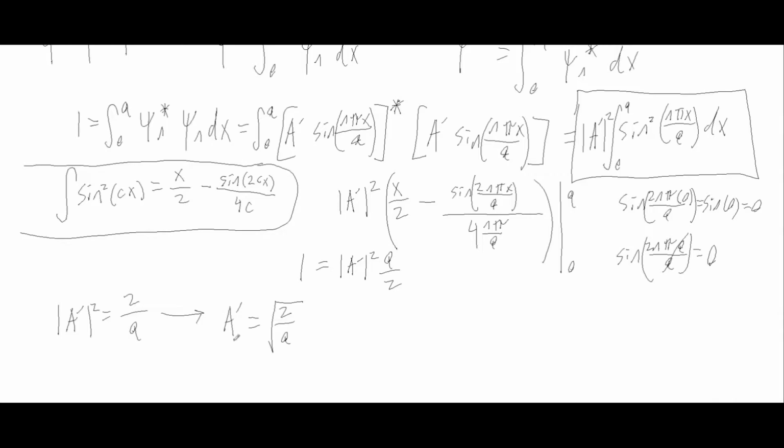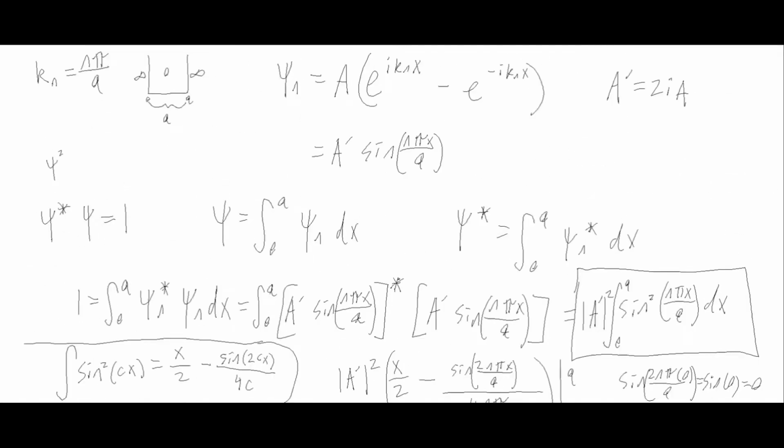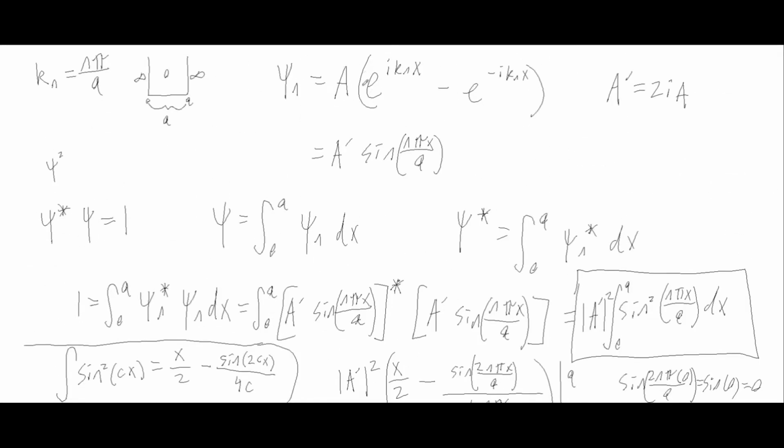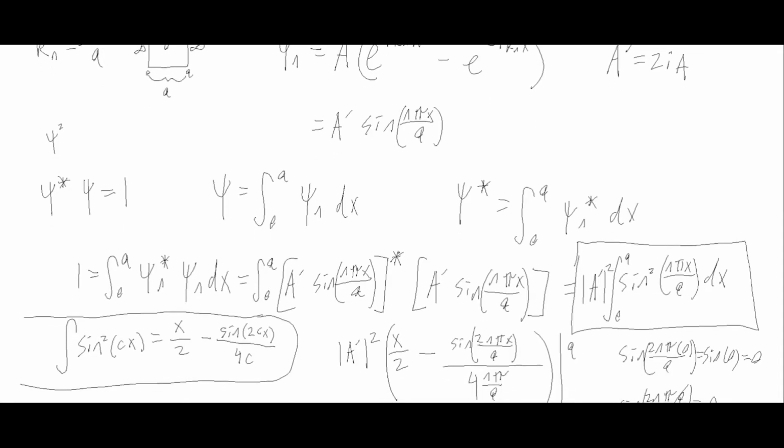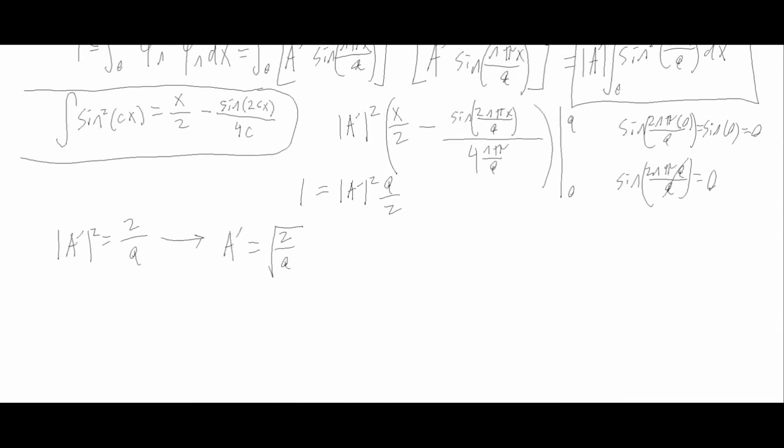And remember, this a is our amplitude. So going all the way back up to here, we absorb that 2i into it. But using this, we have said that a prime is equal to the square root of 2 over a.